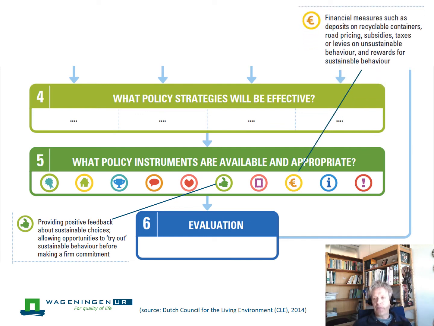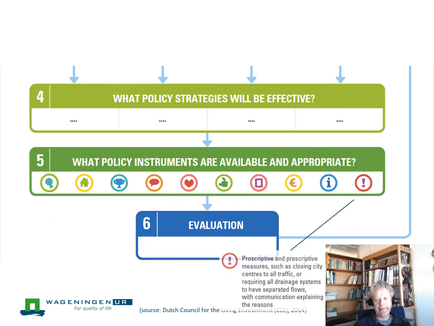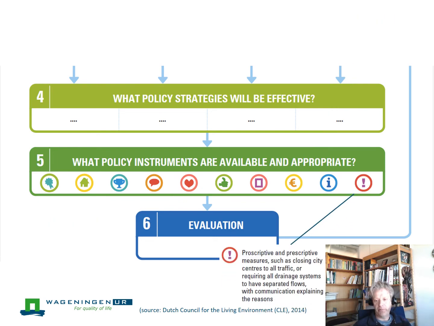The financial measures, think about deposits on recyclable containers, road taxing, subsidies. These are more the economic instruments, but they can help reinforce a sustainable behavior. And they also need a communication component to explain to people how they work and why they have been designed in that way. There's also the possibility of providing certain prescriptive measures, closing city center. Those are spatial policy tools, really.